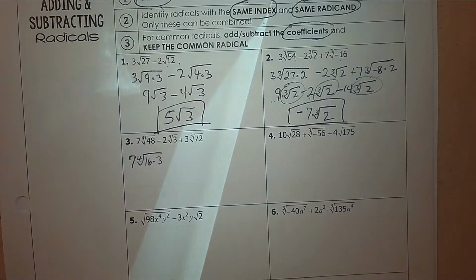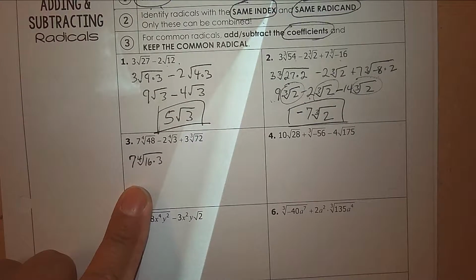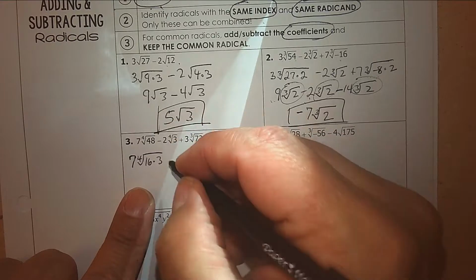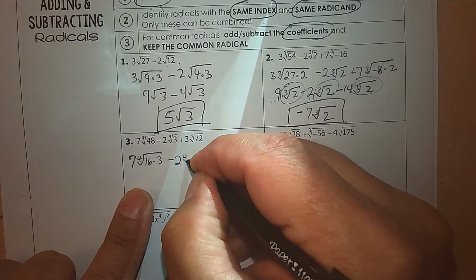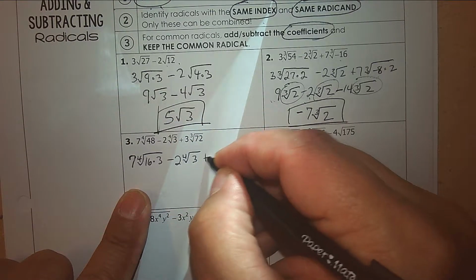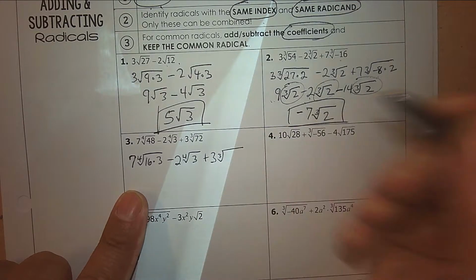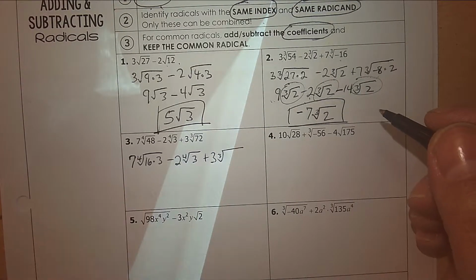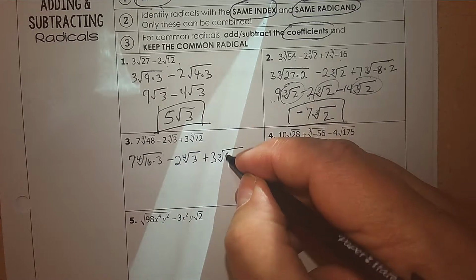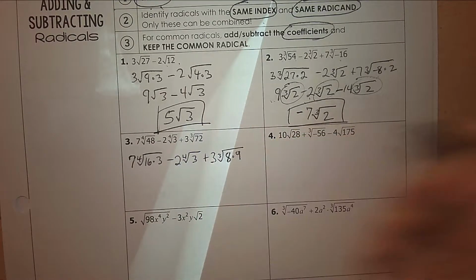Did you get the correct perfect fourth? 16. The next one is prime. 72 is 8 times 9.